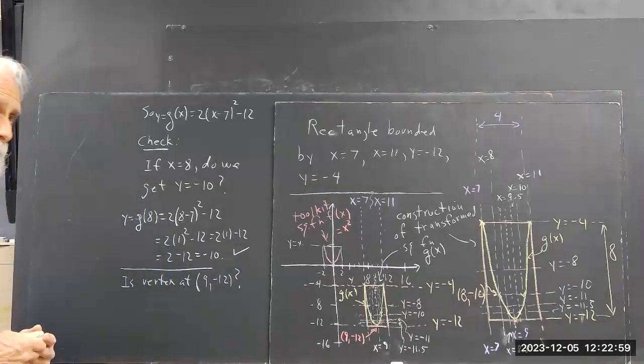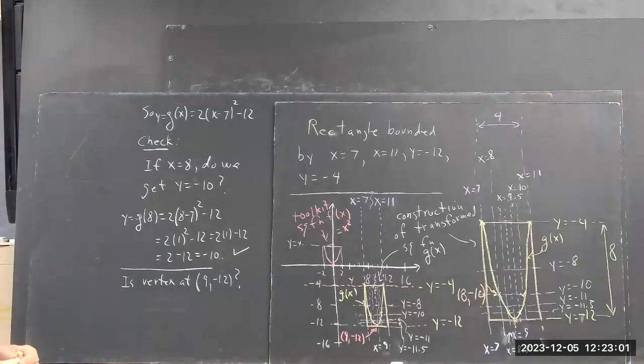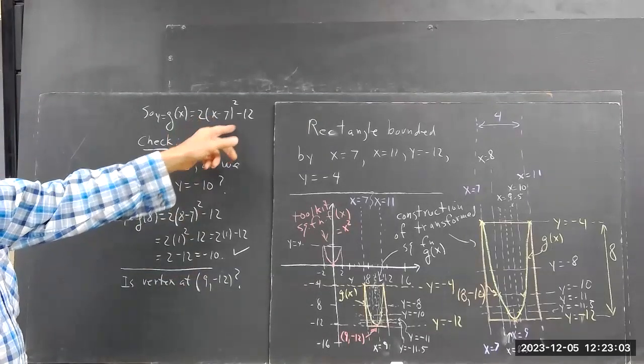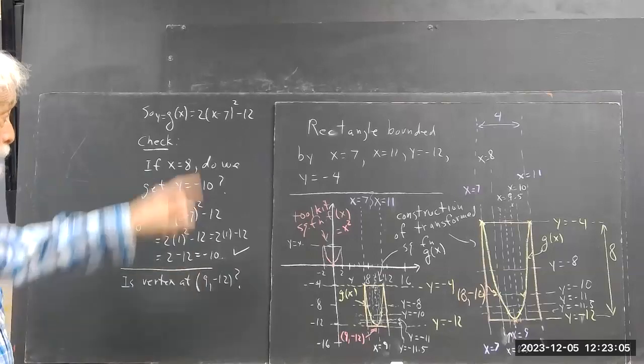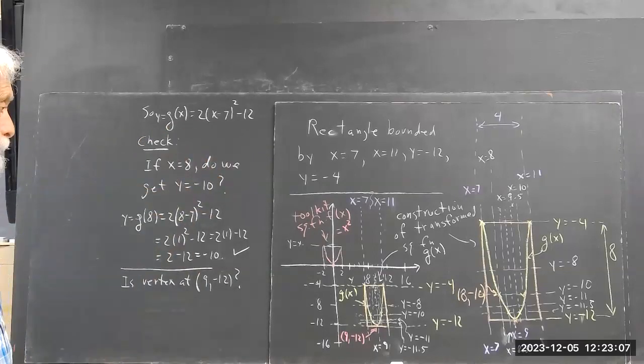Is the vertex at 9, -12? Well, the easy way to say is that's vertex form. This is vertex form. And the vertex is not at 9, -12 because the horizontal shift isn't 7, it's 9.